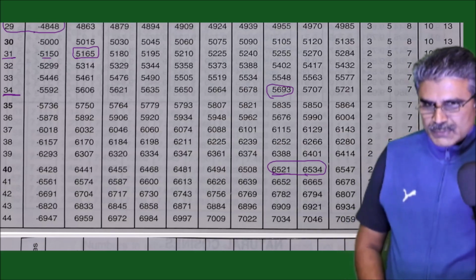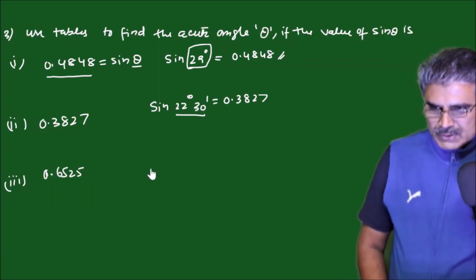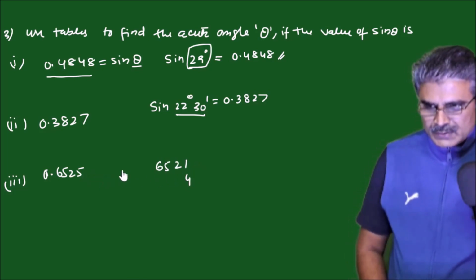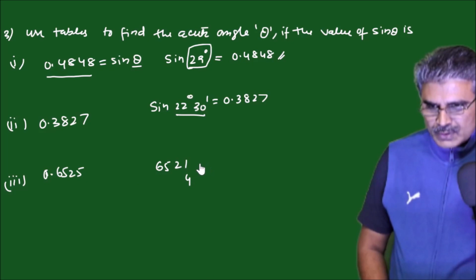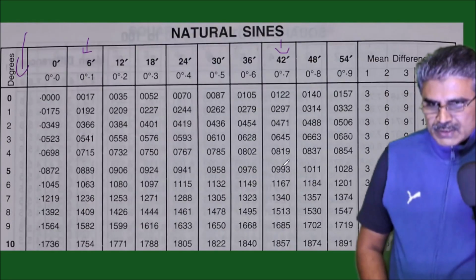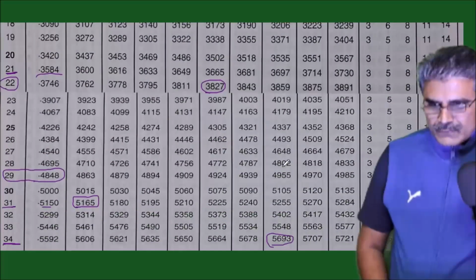Okay, so here I am splitting the 6525 into 6521 and 4. 6521 we got at 40 degrees 42 minutes.